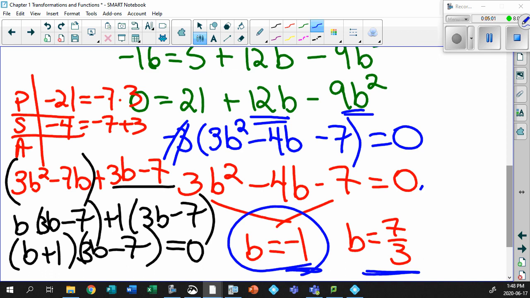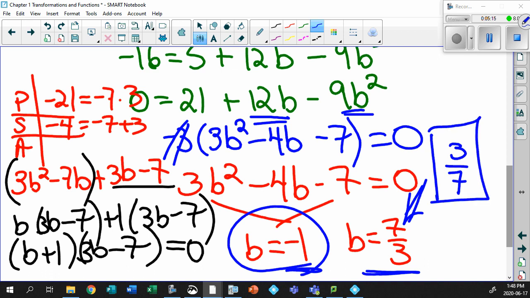There's your b value, but what is the stretch factor? That's what it's asking. What horizontal stretch will happen? Well, if that's a b value, your horizontal stretch is flipped. There's your horizontal stretch, 3/7. So if you use 3/7 in this equation, it will give you your final answer.